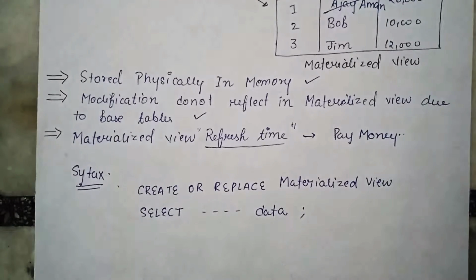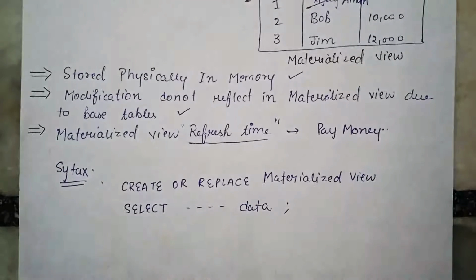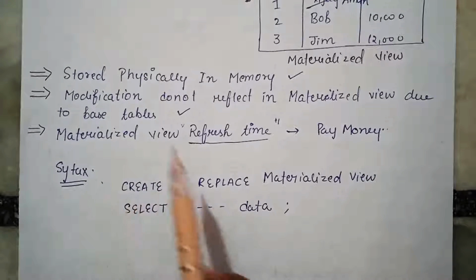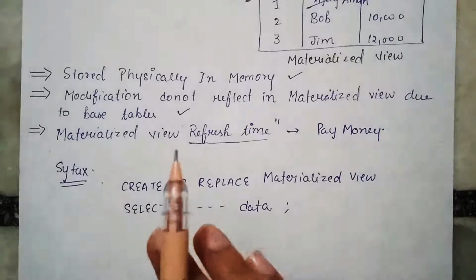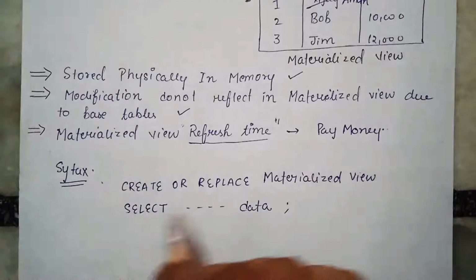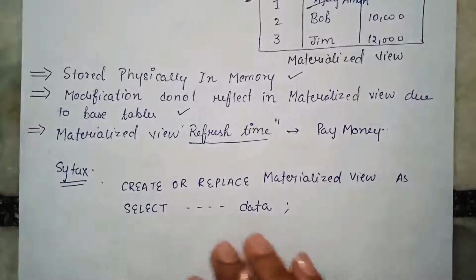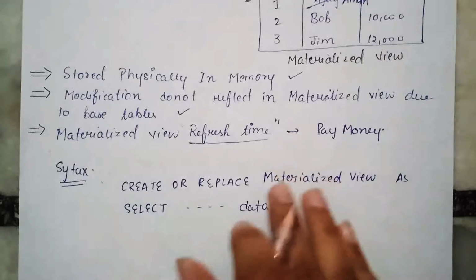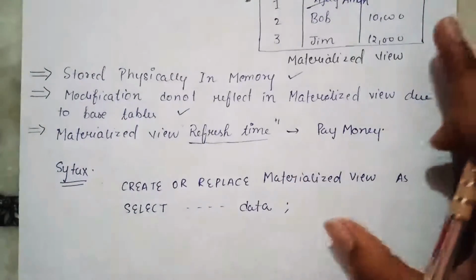It may be in uppercase or lowercase, that doesn't matter, because SQL is not a case sensitive language. We can write any statement or operator in capital form or in lowercase form. So create or replace materialized view as, and whatever the select value is, it will create a materialized view of that particular selected data. So this is the syntax for creating a materialized view.